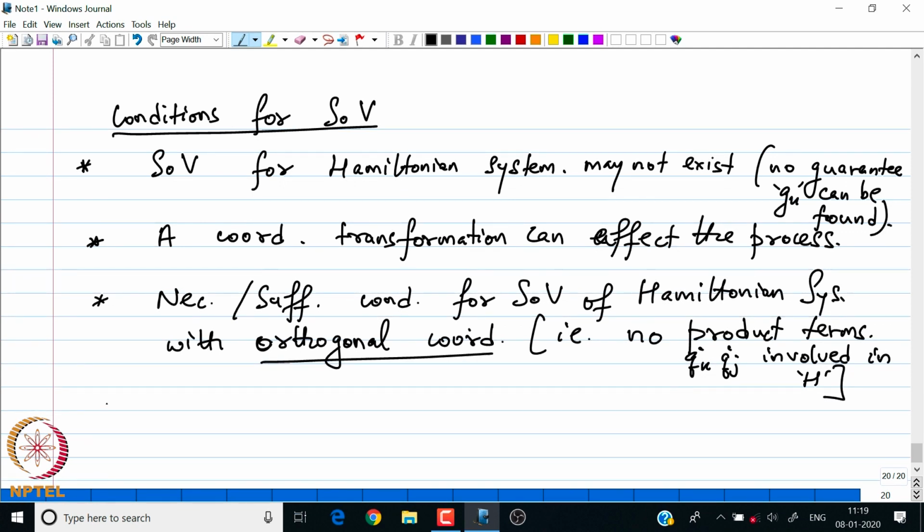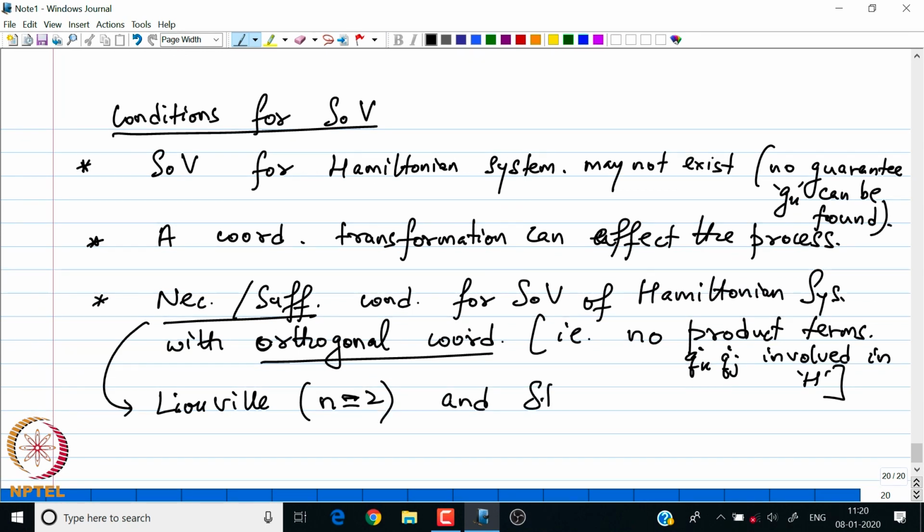It turns out that there is a necessary and sufficient condition given by Liouville for n equal to 2, and by Stäckel, the German mathematician, for n greater than or equal to 3.